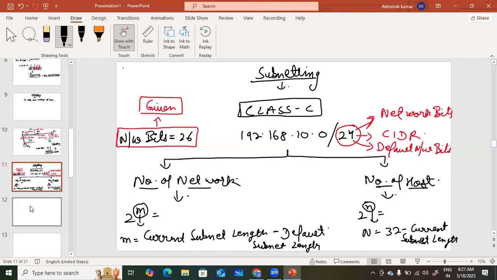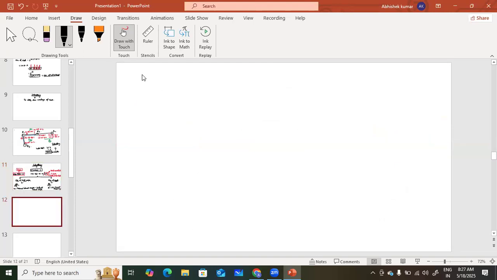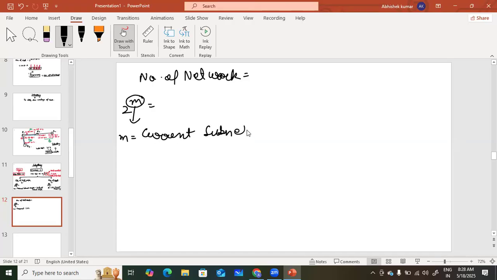Let's first find out the number of networks, which is 2 to the power m. And m is current subnet length minus default subnet length.